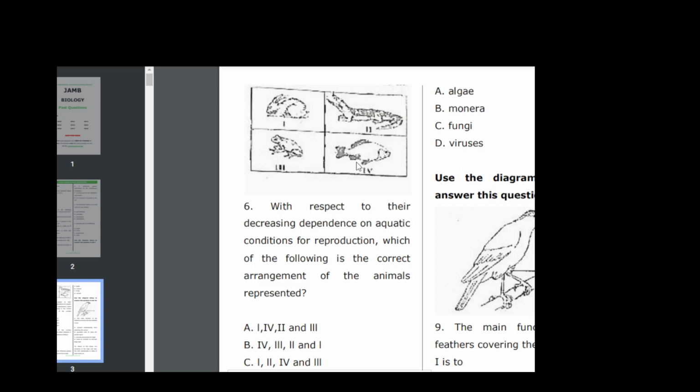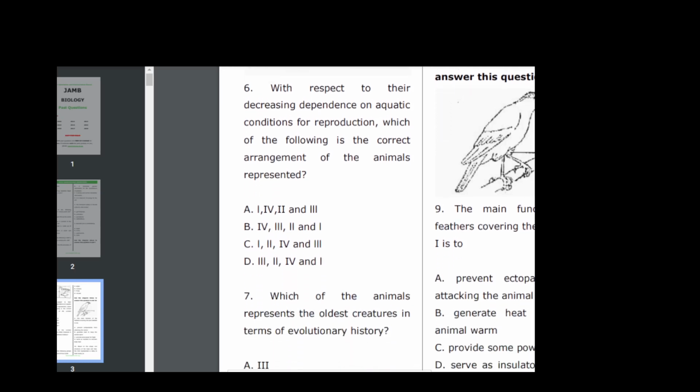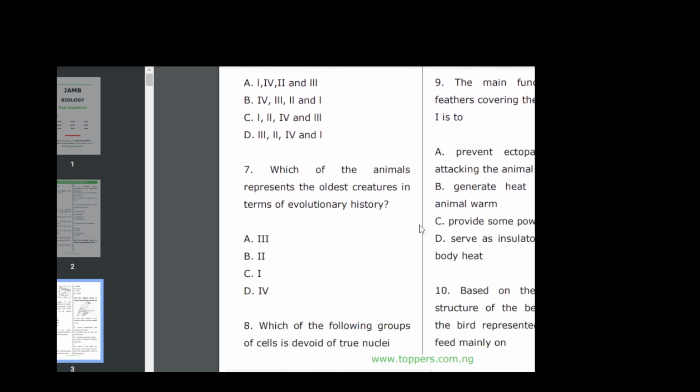So every other organism here that has lungs for respiration is assumed to once have had the gill system. So the gill is the feature assumed to belong to the oldest creatures in terms of evolutionary history. So that is that about that question.